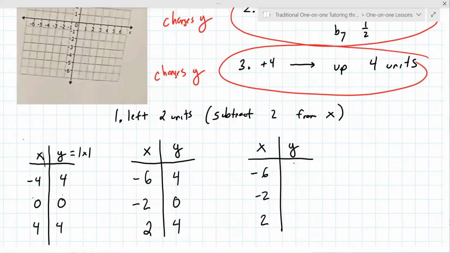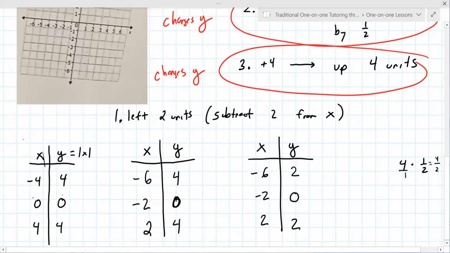How much does each person get? 4 times 1/2 is half of 4. Half of 4 is 2. Half of 0 is still 0. And half of 4 is 2.